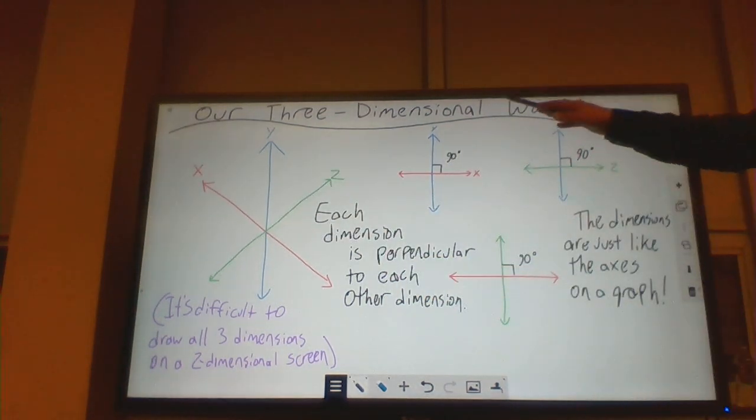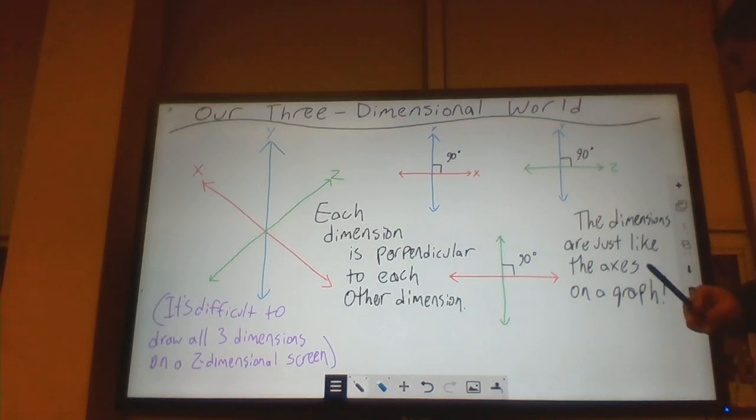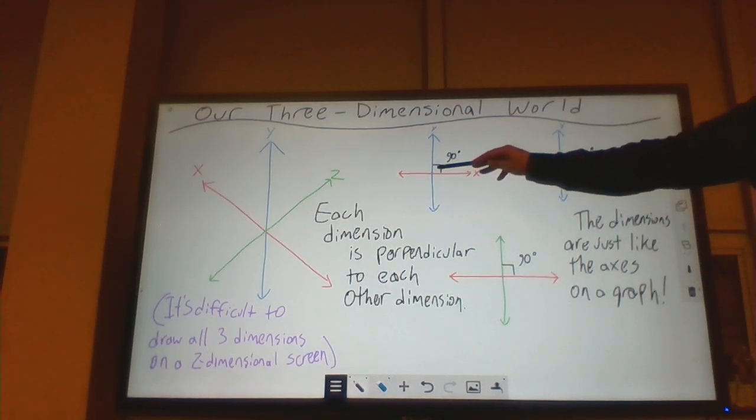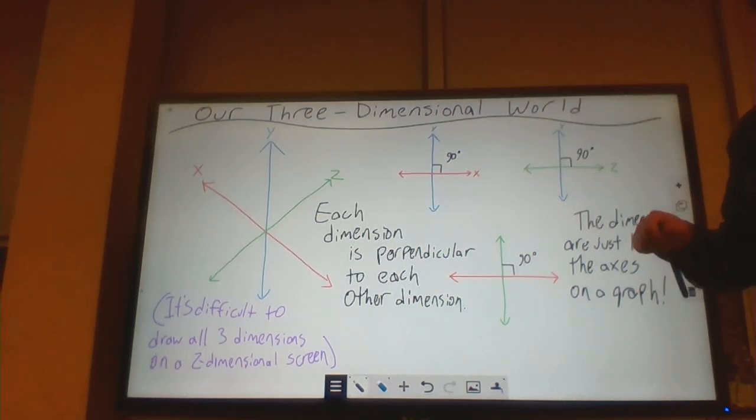But don't worry, I also drew two-dimensional representations of each of the dimensions interacting with each other. The dimensions, you might note, are just like the axes on a graph. Specifically, this first one here, we've got the x-axis and the y-axis. And you could imagine putting a graph right here.